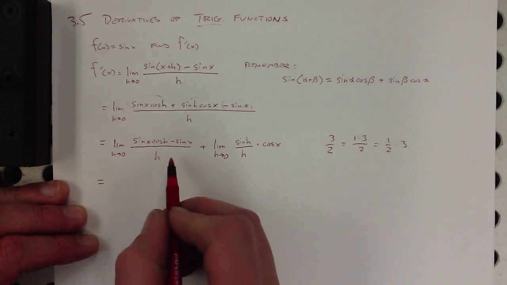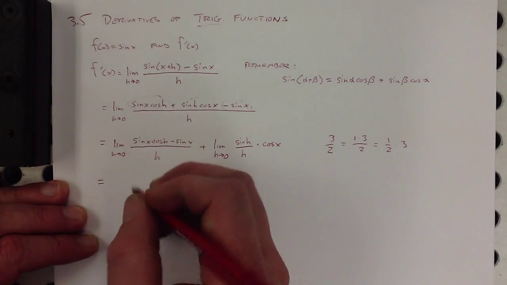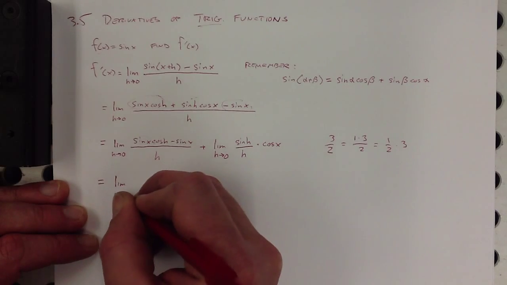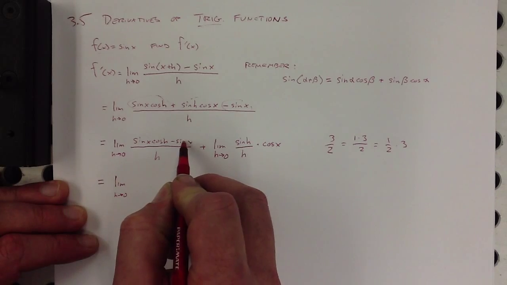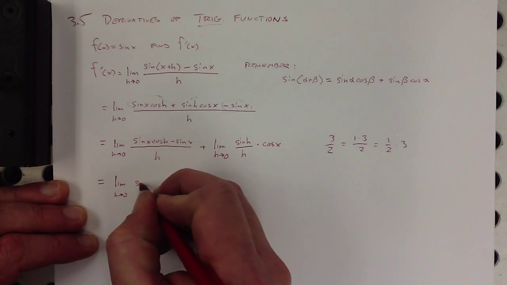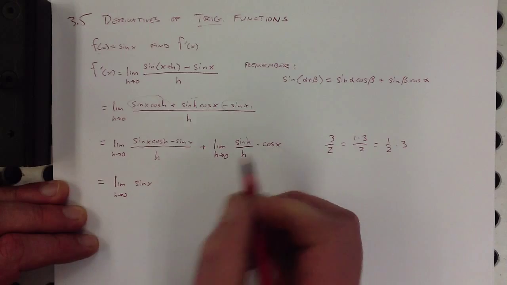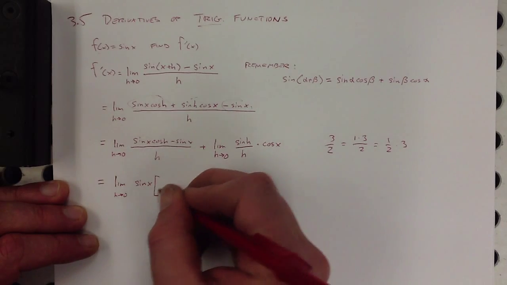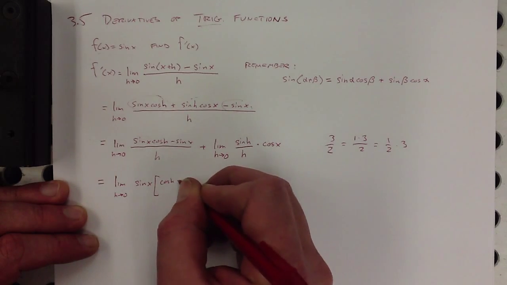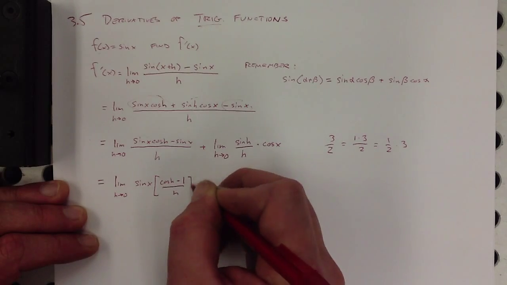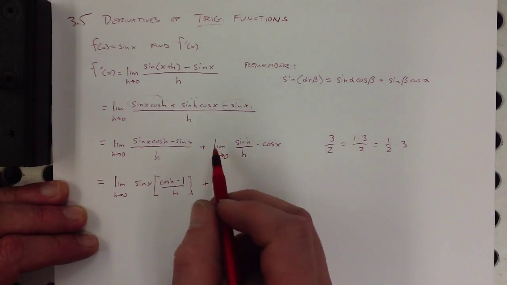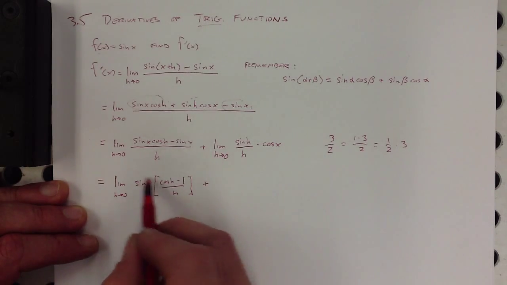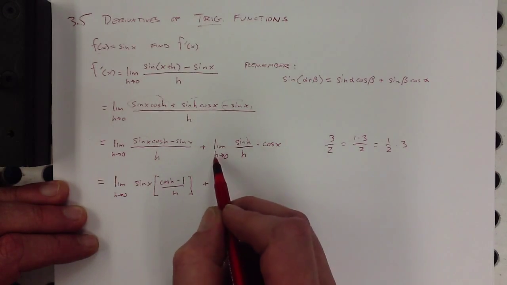And then here, I'm going to factor out that sine x. So the limit as h approaches 0: factor off the sine x and bring it out to the front, just like I pulled that cosine off there, times cosine h minus 1 over h, plus the other piece. Now notice, in both of these spots, this is the limit as h approaches 0.